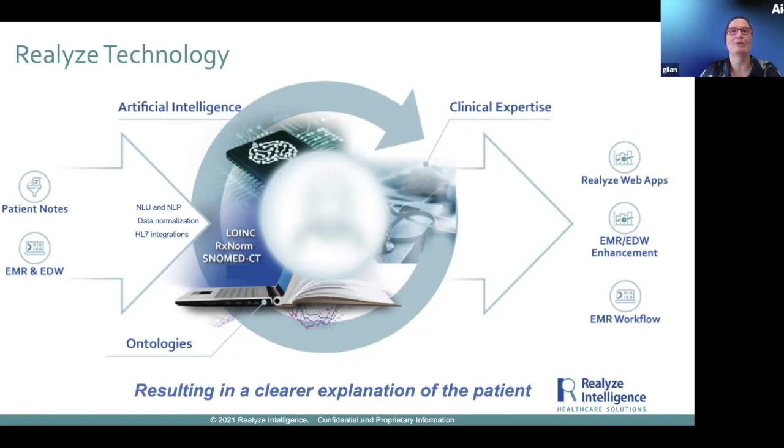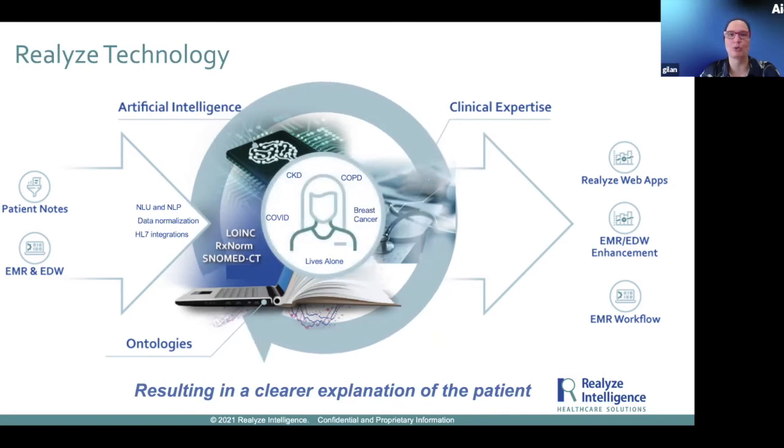Then we add our artificial intelligence and clinical expertise as an extra step so that we can model these concepts into a patient state. So, for example, you start by modeling a chronic kidney disease patient, then you keep adding all the findings and model another disease condition, COPD, social factors, if the patient has been exposed to COVID, or even cancer and oncology.